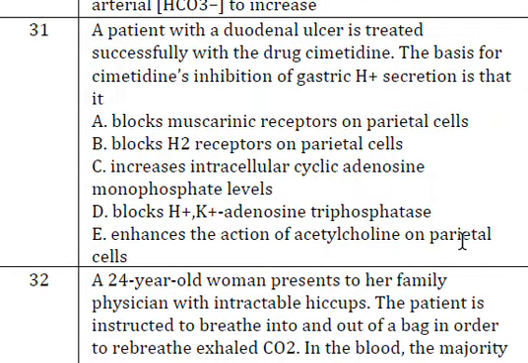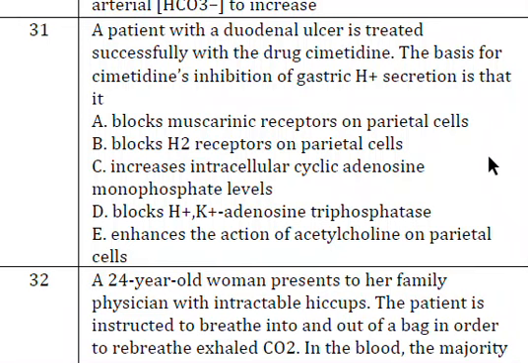So, 31st question. A patient with a duodenal ulcer is treated successfully with the drug cimetidine. The basis for cimetidine's inhibition of gastric H+ secretion is that it A. Blocks muscarinic receptors on parietal cells. B. Blocks H2 receptors on parietal cells.